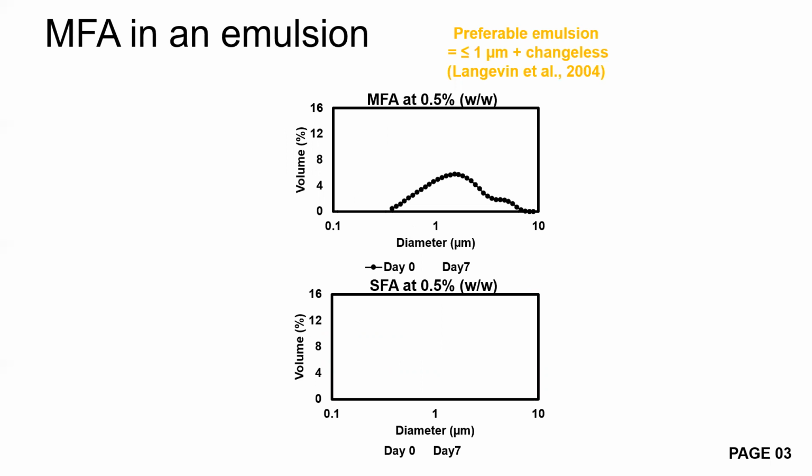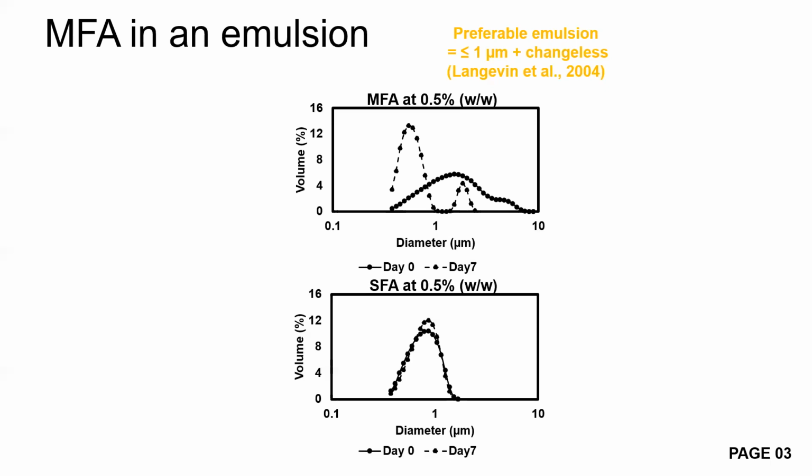Fresh emulsions containing maltodextrin fatty acid ester showed broad droplet distribution, and most droplets were larger than 1 micrometer. And even after storage, these emulsions were shifted to generally more droplets less than 1 micrometer, but bimodal distribution indicating not stable emulsions.